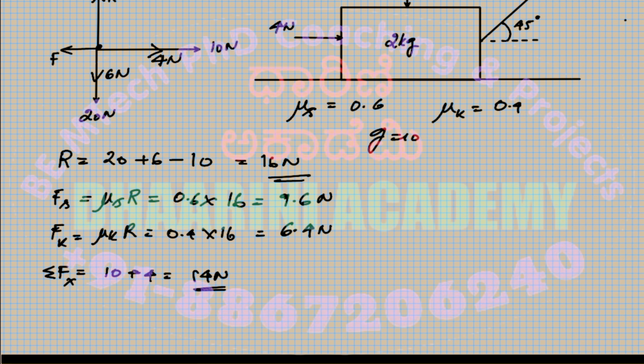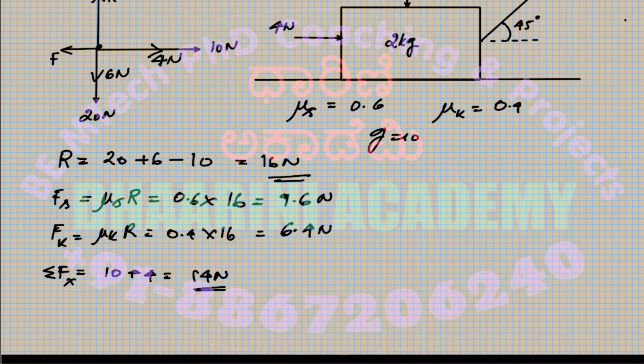If it is less than Fs, then I have to find out the friction that corresponds to the static friction. Otherwise, if the Fx is larger than that, then I can find the friction that is required as Fk.